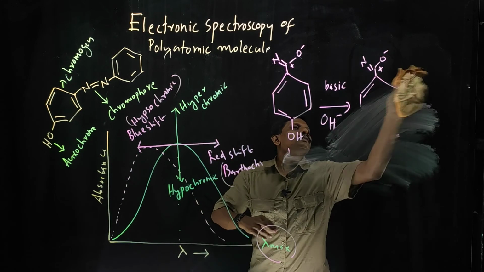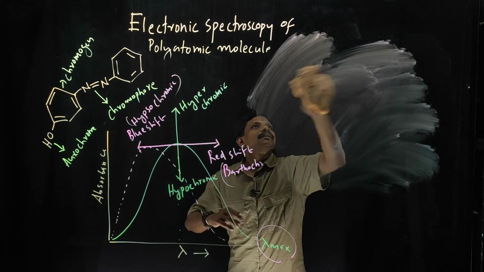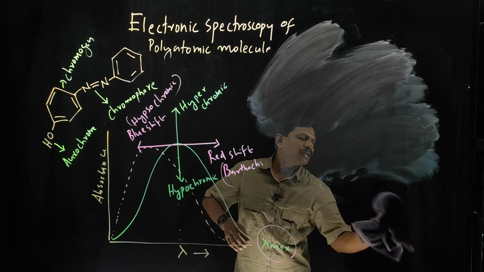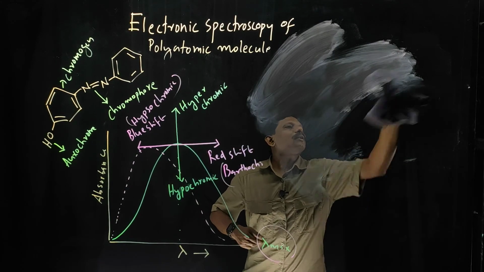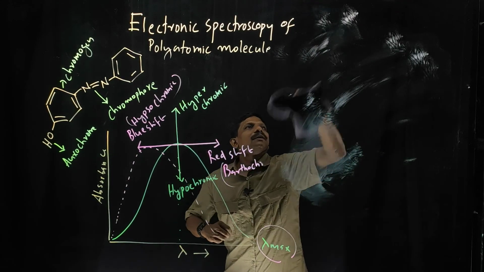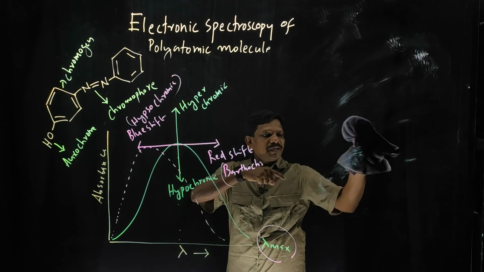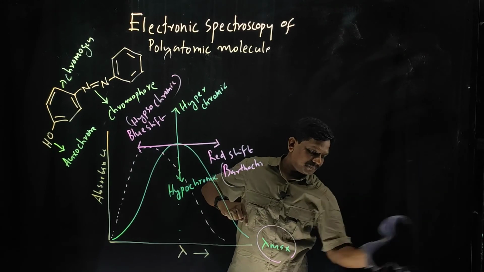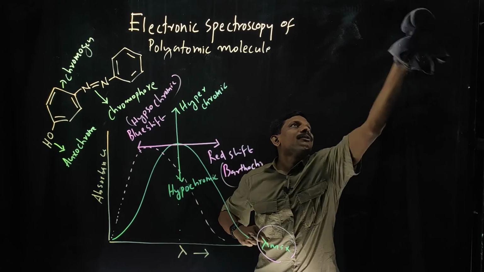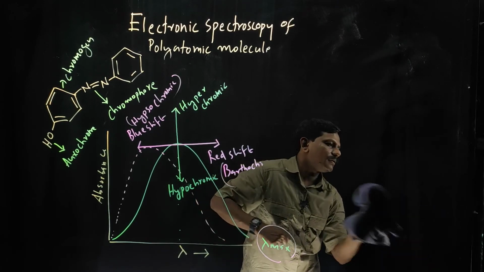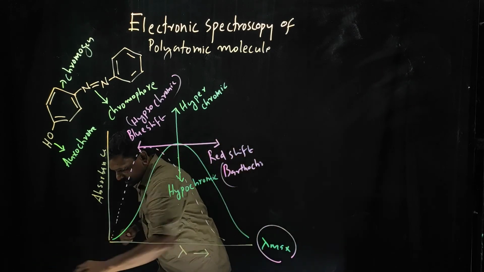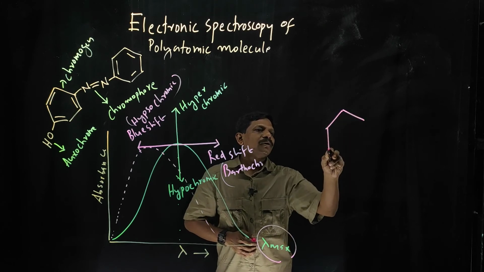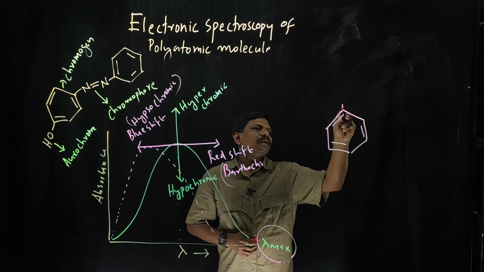Another example you can consider is aniline, in acidic medium. Now you can see the redshift happened earlier, that means lambda maximum is going to the higher wavelength region due to the alkaline medium effect. Then you take aniline, which is like this, NH2.